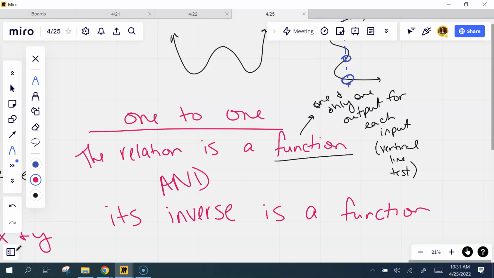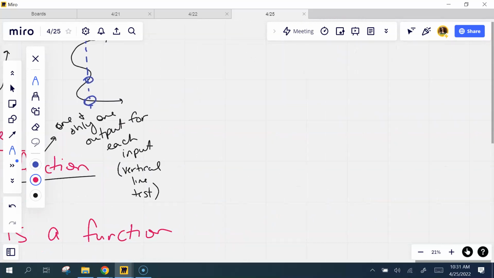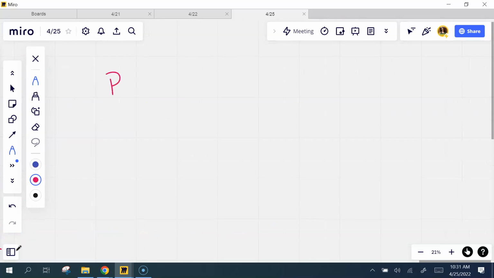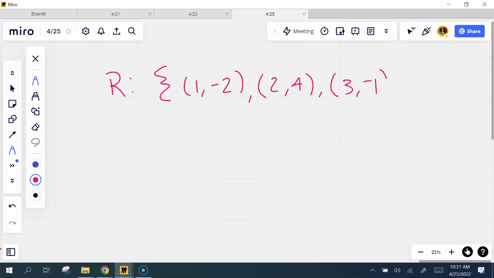So we're going to do several examples and we're going to talk about, is it a function or not, and is its inverse a function or not? So look at the very first set. We've got this relation R, which is (1, -2), (4, 3), (-1, 4), (-2).